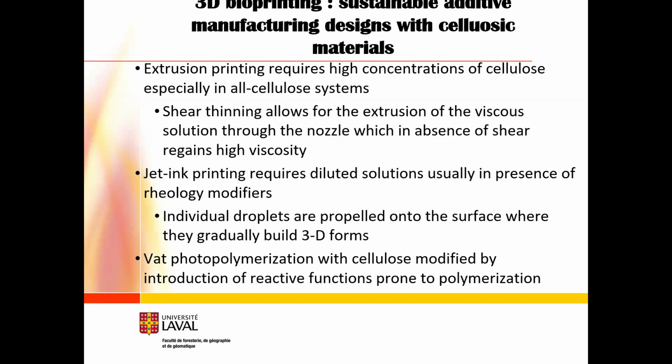We are going to see all this in the afternoon, different types of 3D printing, which is mainly based on the cellulose is mainly added as rheology modifier in all kinds of extrusion printing or jetting printing.